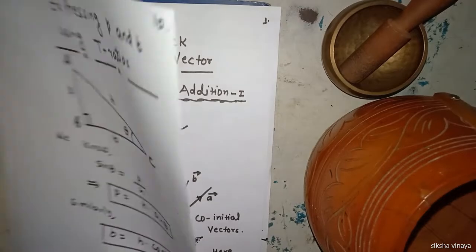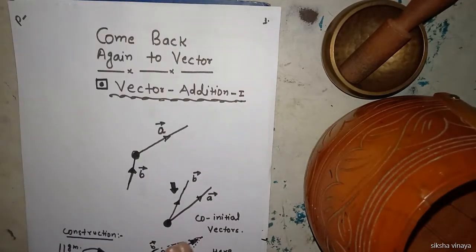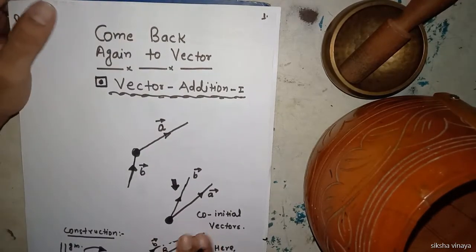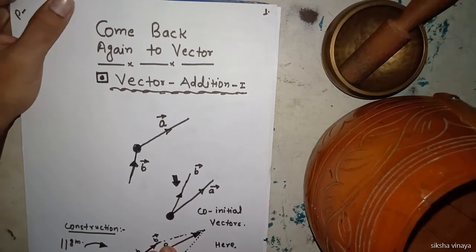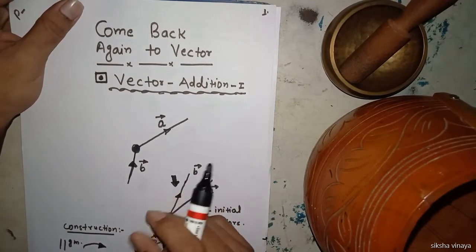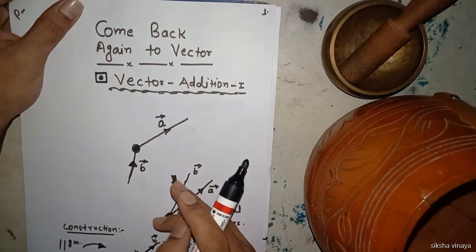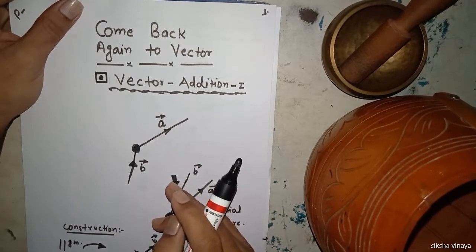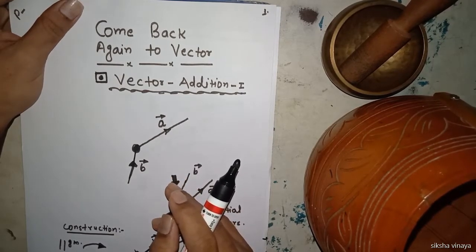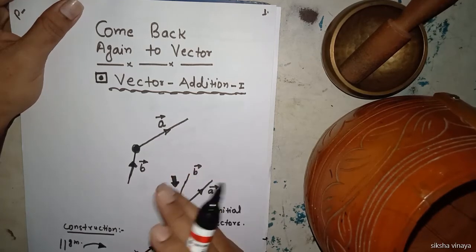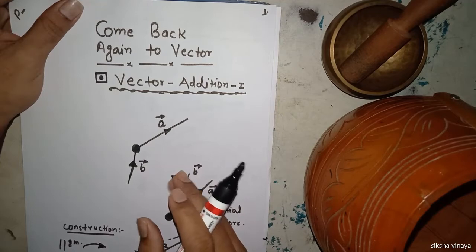So now I come back to our important discussion, how we add two vectors. You know that a vector is a physical quantity which has magnitude as well as direction.